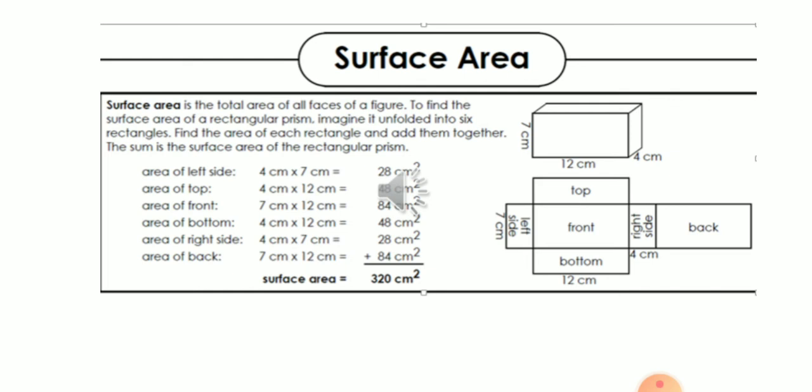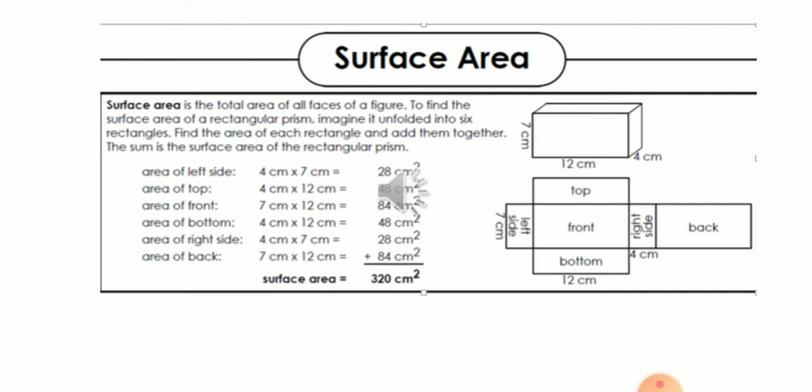First, the area of the left side: 4 times 7 gives me 28. Area of the top: 4 times 12 gives me 48. Area of the front: 7 times 12, 84. Area of the bottom is like the area of the top: 4 times 12.